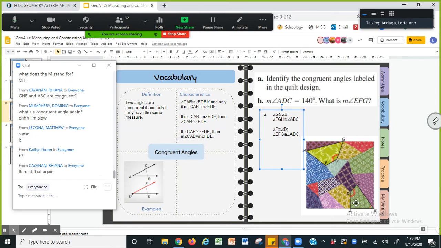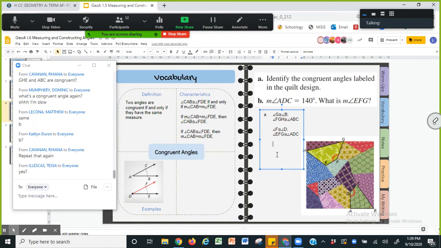If they don't have those arcs, can we make that conclusion? Or we don't have enough information to say whether they're congruent or not? What do you guys think? Yes?